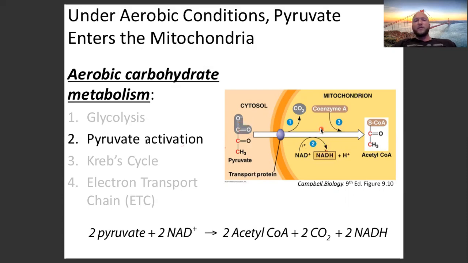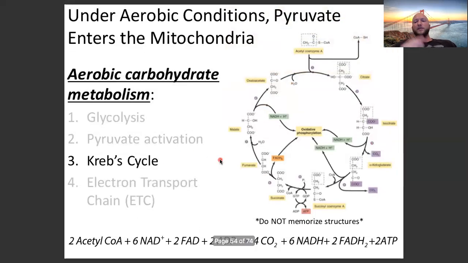When you move it into mitochondria, 1 carbon dioxide comes off per pyruvate. You also turn 1 NAD plus into NADH per pyruvate, leaving you with an acetyl-CoA, 2 carbons. Acetyl-CoA is going to be the input into Krebs cycle. Krebs cycle is our next compartment.